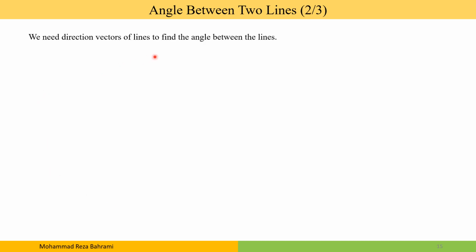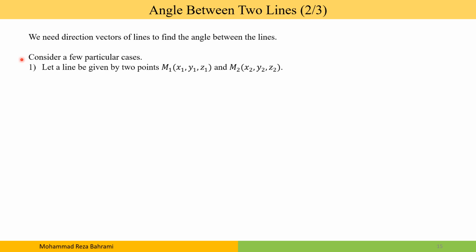So to find the angle between the lines, we need to find the direction vectors of the lines. Let's consider a few particular cases. Let a line be given by 2 points, M1 and M2. By this we can find the direction vector of the line, right?